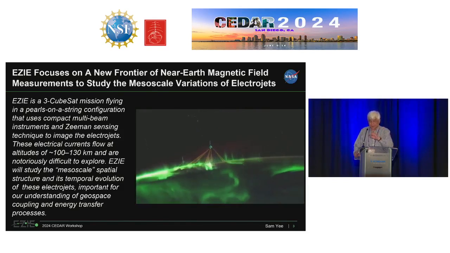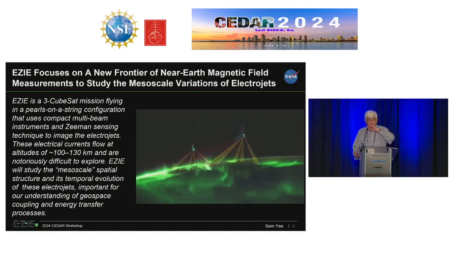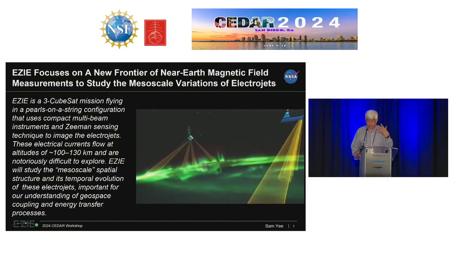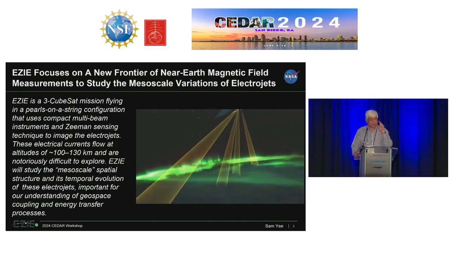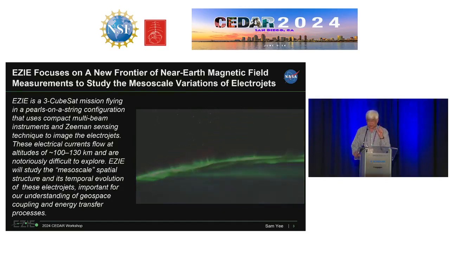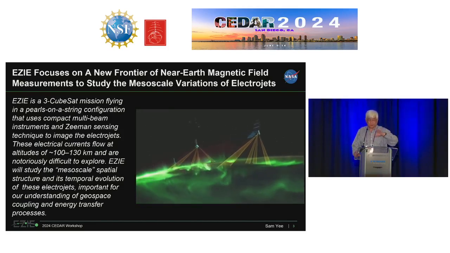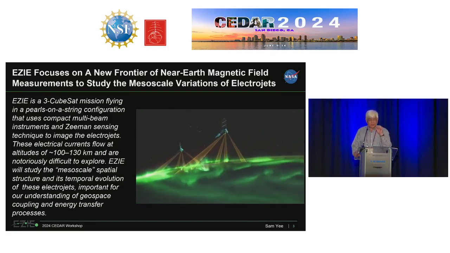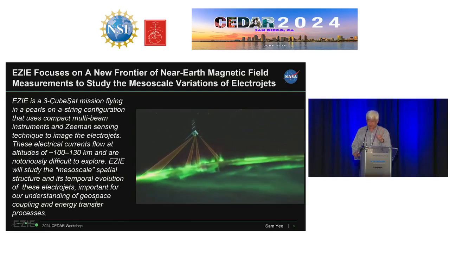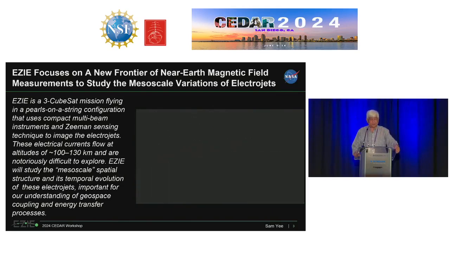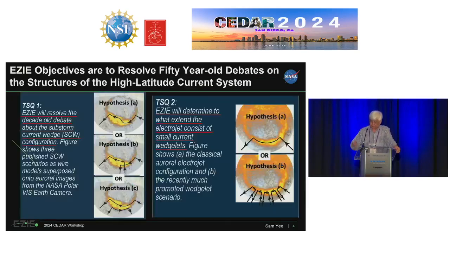That will solve the problem of lacking small-scale structure measurements. EASY will study the mesoscale, the spatial structure and temporal variation, because we use three spacecraft in series. So we can probe the same structure at different times apart. This kind of measurement is very important, because it provides information for understanding geospace coupling processes.